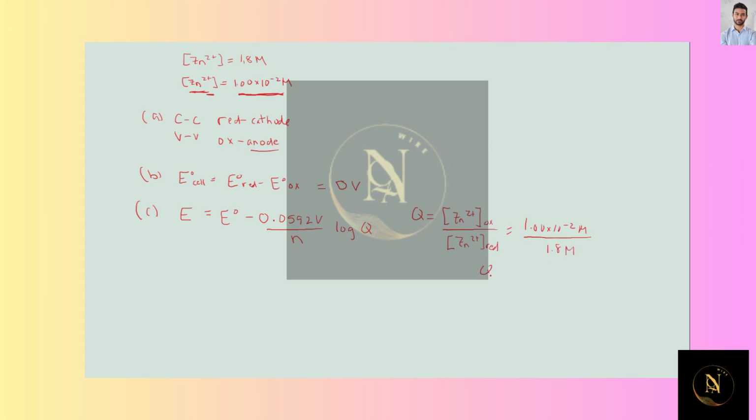Therefore, Q is equal to 5.56 times 10 to the negative 3. So I'm going to go back and plug that in here.